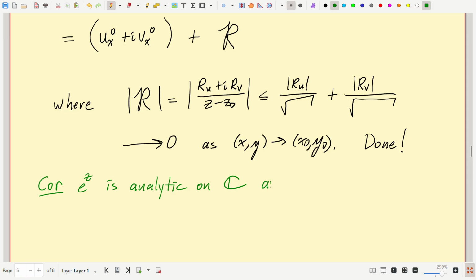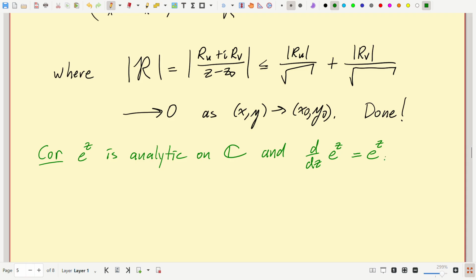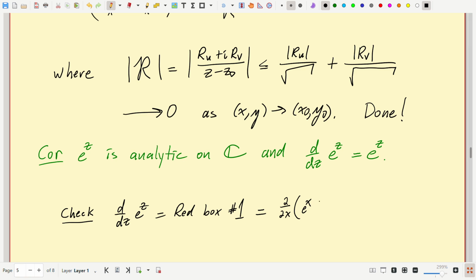And when I do red box number 1, d by dz of e to the z is itself. Let's check. That's an easy thing to check. d by dz of e to the z is red box number 1, and that's equal to d by dx of the u function, that's e to the x cosine y, plus i d by dx of e to the x sine y.